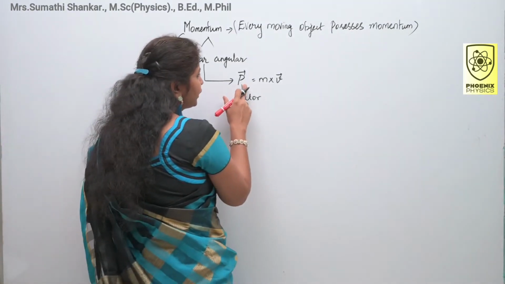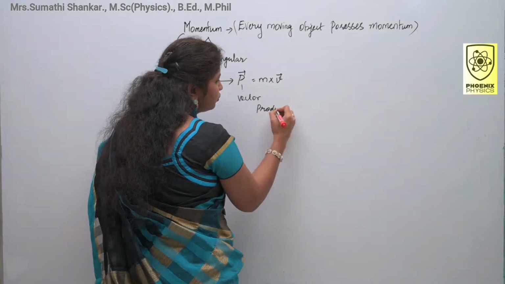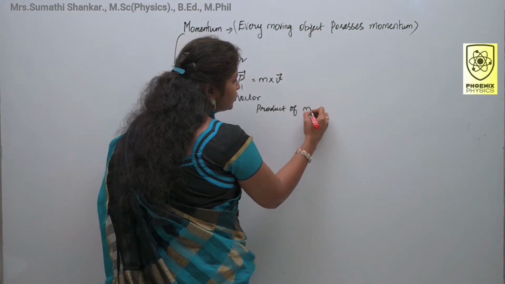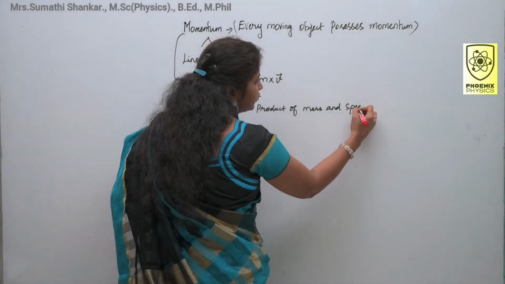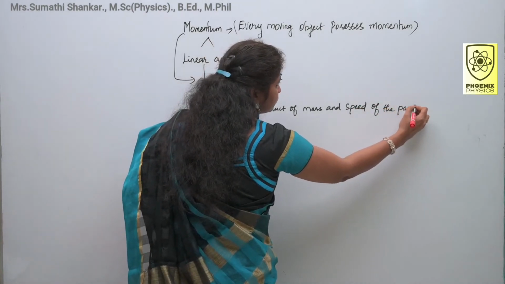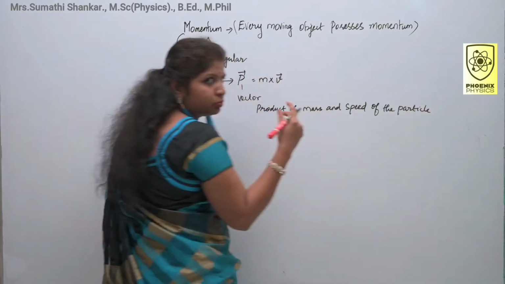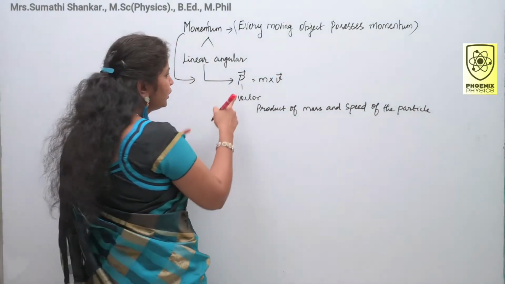Here the magnitude of momentum is equal to the product of mass and speed of the particle or object. You know that magnitude means nothing but a number. Then what about direction?